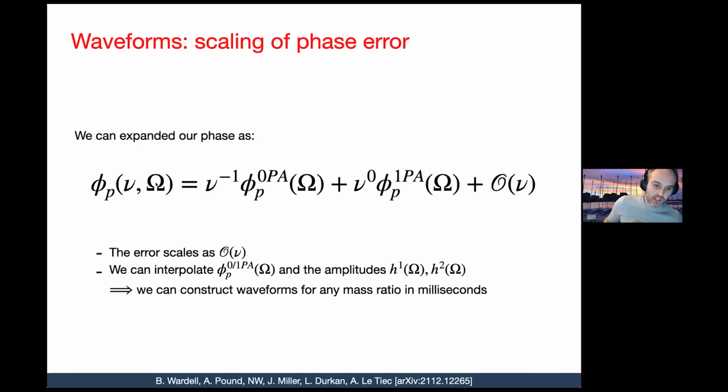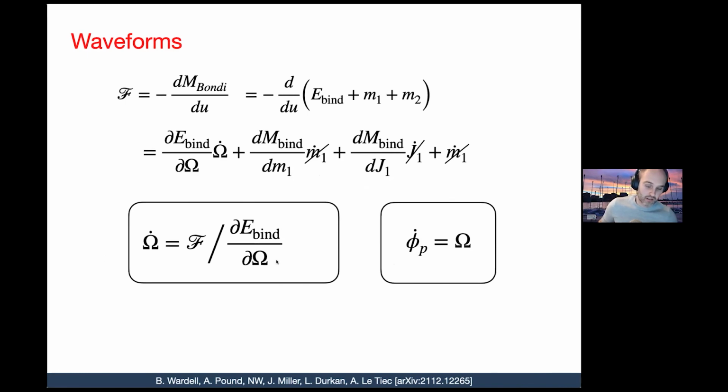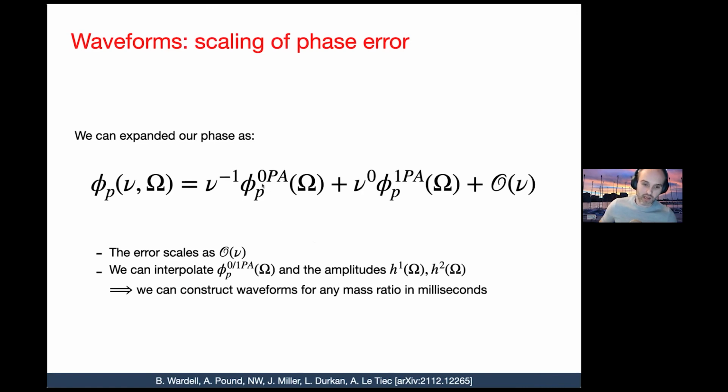Another key feature is if we expand the phase like this, we can either solve these equations as a differential equation, or we can further expand this in powers of the mass ratio. If we do that, then we can interpolate these two things as functions of frequency, as well as the amplitude of the waveform. And we can construct waveforms for any mass ratio in milliseconds. So it's already built in to be extremely fast to calculate these waveforms. This can then be absorbed into that fast EMRI waveform framework I talked about at the beginning.